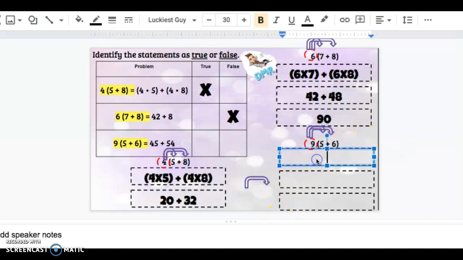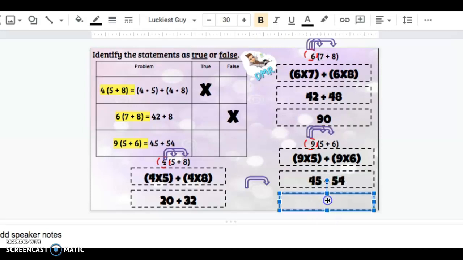So then you go and you now sort your candy out. You get your candy, and then your friend gets their candy. So 9 times 5 is 45, plus 9 times 6, which is 54. And if I were to add that up, you get 99.